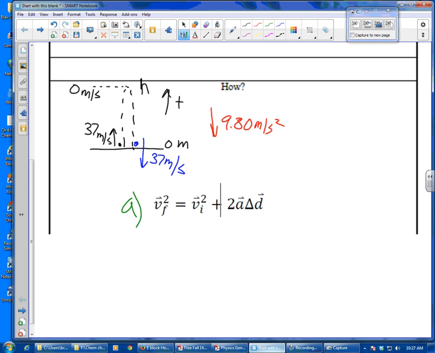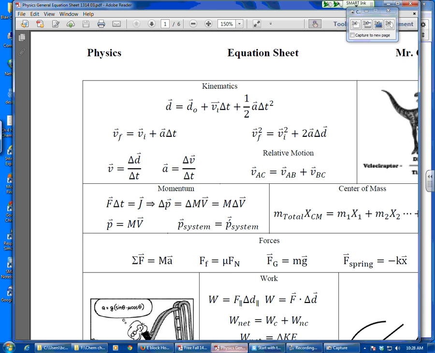Well, okay. I was looking at this and saying I want to know how far it traveled to go from 37 meters per second to 0 meters per second while it was accelerating. So what I did is I looked at the equation and said, do I have an equation that talks about going from one velocity to another because I accelerated and I moved a certain distance?